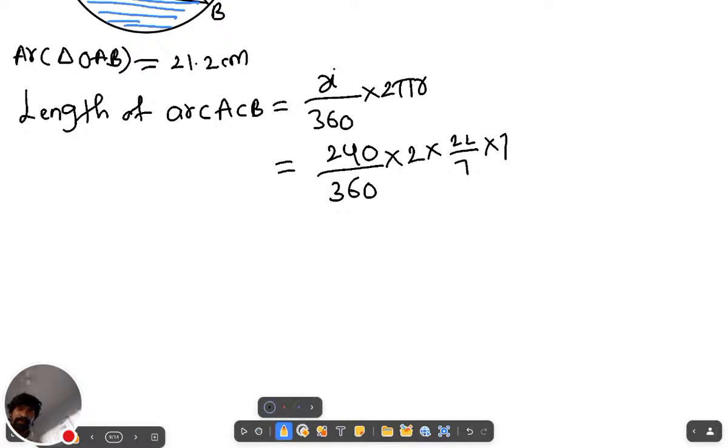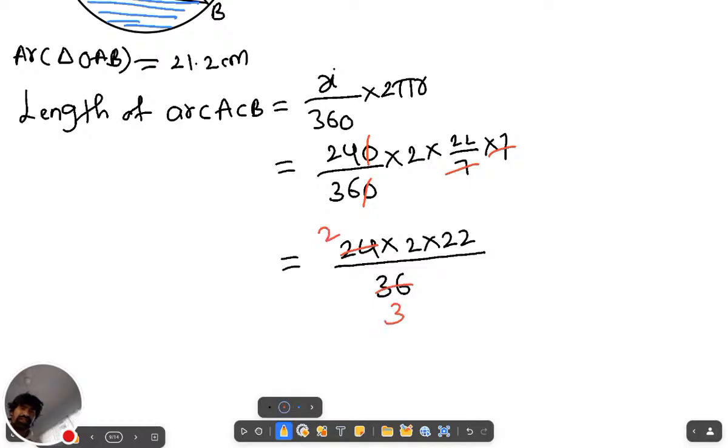So let's try to cancel here. 7 and 7 get cancelled, so 0 and 0 get cancelled. Now what do we have? We have 24 into 2 into 22 in the numerator. In the denominator we have 36. So we can cancel 24 and 36 in the 12 table. 12 2s are 24, 12 3s are 36.